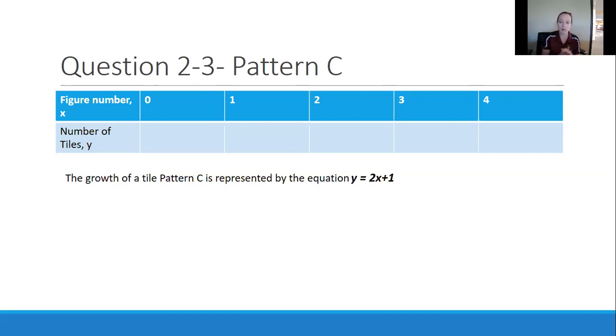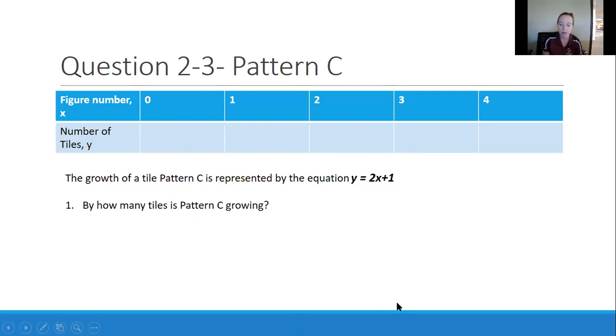So we're given a table, and we're told that the equation is 2x plus 1. So I'm not sure how we're going to find all this out. So let's just look at it and say, by how many tiles is pattern C growing? Well, I have to finish filling this in. So let's fill that in first.